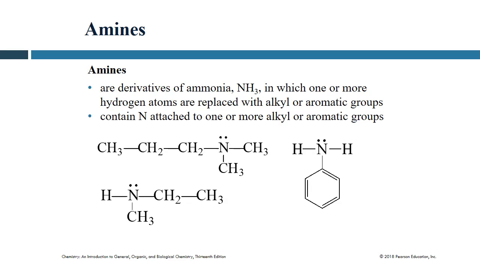What we have in an amine is a hydrocarbon derivative of that ammonia. So we're taking one or more of those hydrogens off of ammonia and replacing it with some kind of a hydrocarbon. And that hydrocarbon group can be just a simple methyl group, ethyl group, propyl group. It can also be aromatic things like benzene.